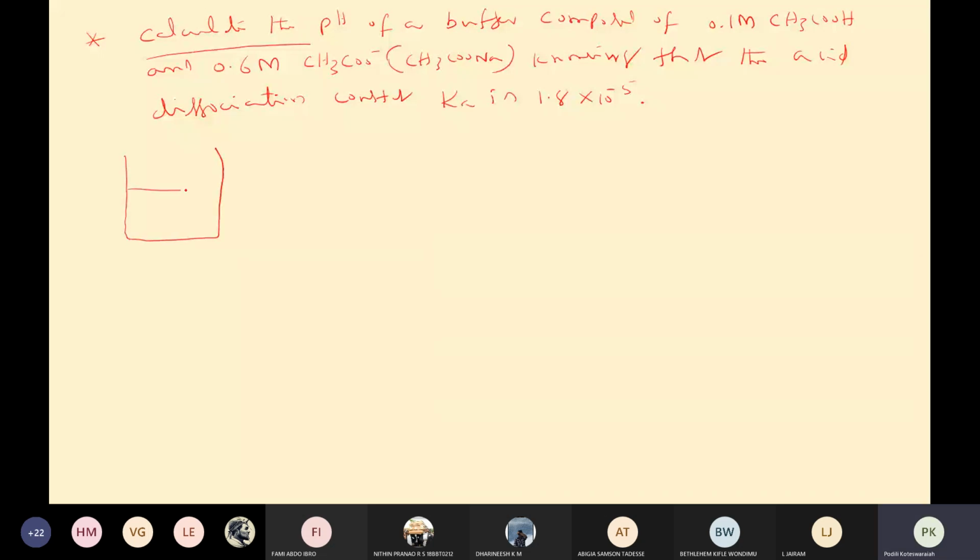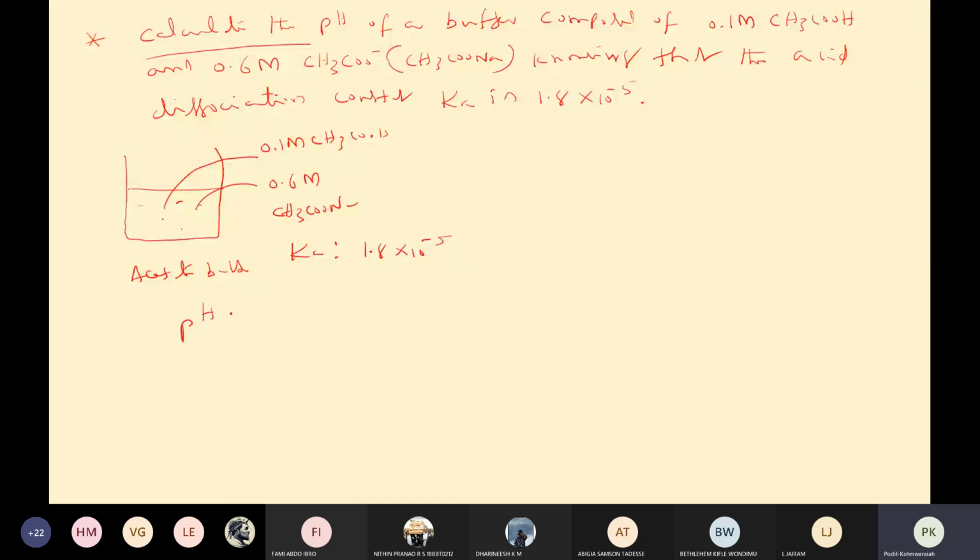Let us say you have an acetate buffer. It has 0.6 molar sodium acetate and 0.1 molar acetic acid, and the Ka value of the weak acid is given, 1.8 into 10 to the power of minus 5.